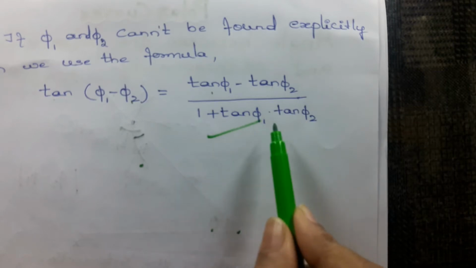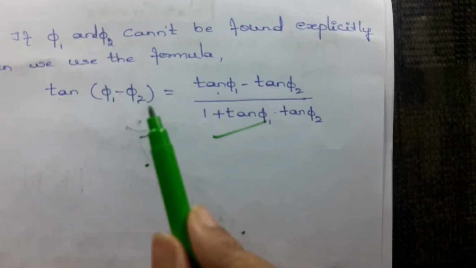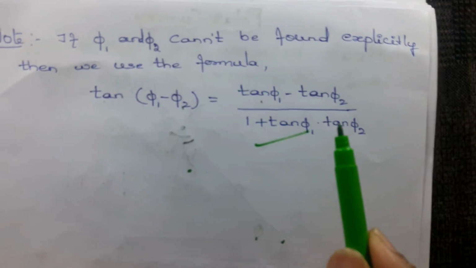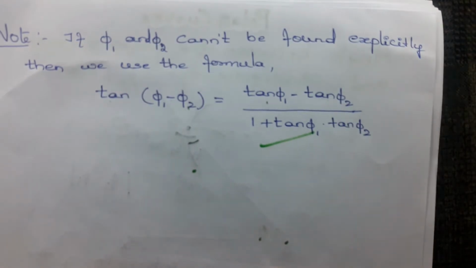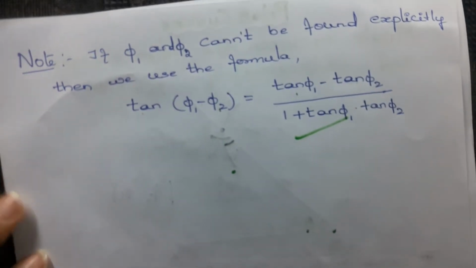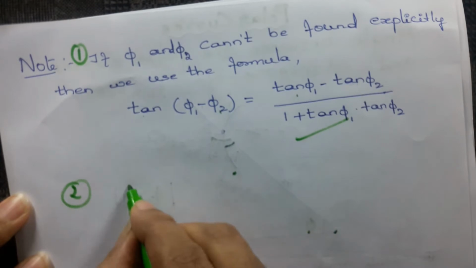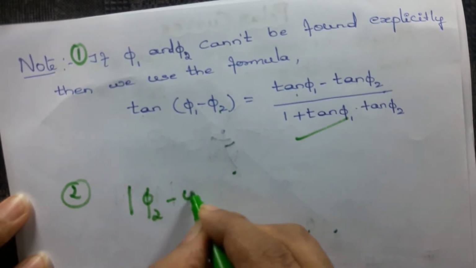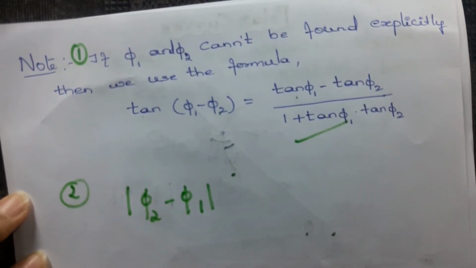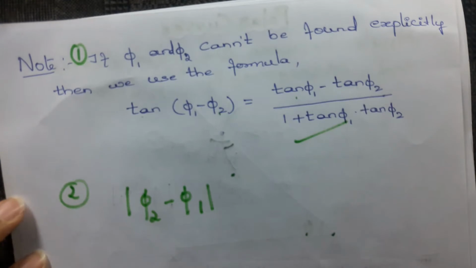This formula is used if phi 1 and phi 2 cannot be found explicitly. So remember these two formulas to find the angle of intersection of two polar curves: this formula, and the second one, modulus of phi 2 minus phi 1. Got it?